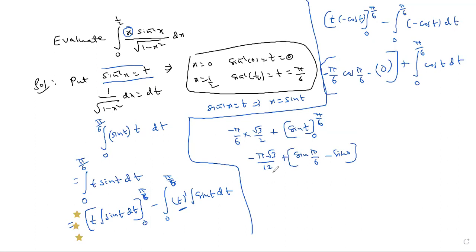Sin 0 is 0 only. So minus root 3 pi by 12 plus sin 30 is 1 by 2. Okay. Now you can write your answer as 1 by 2 minus root 3 pi by 12. Okay. So 1 by 2 minus root 3 pi by 12.